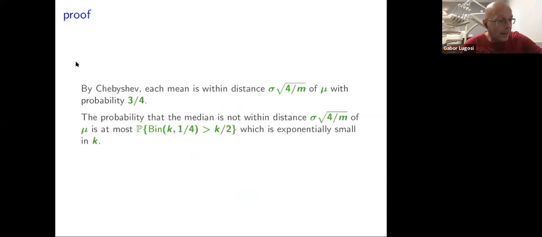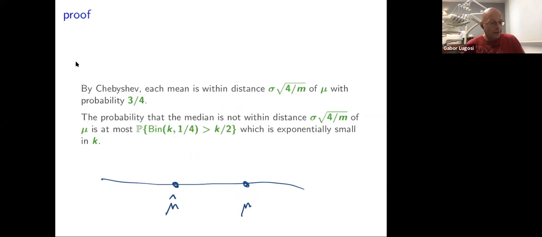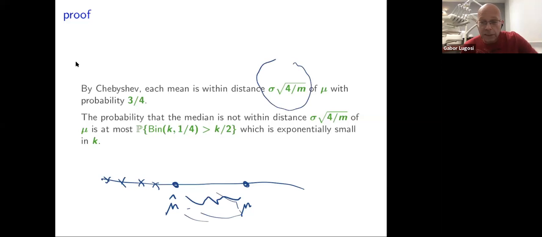Okay, but now you see, if here's the true mean, and here's our median of means estimator, if this distance is large, then it means that at least half of the block averages are also far away. So if the distance was less than this quantity here, then it would mean that half of the block averages are also more than this distance away.